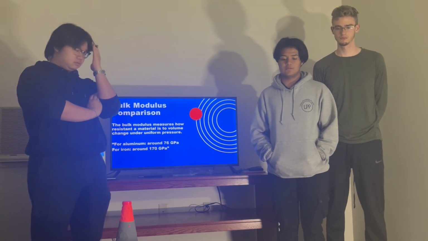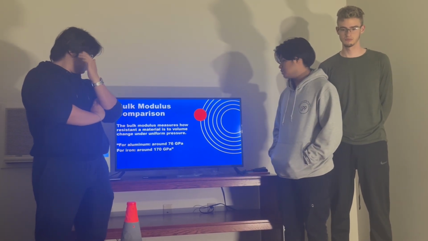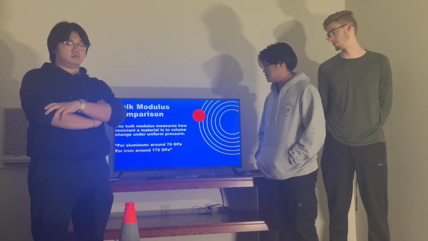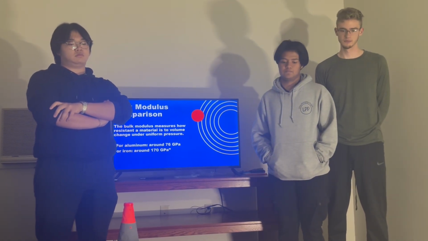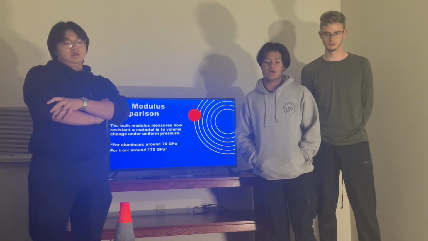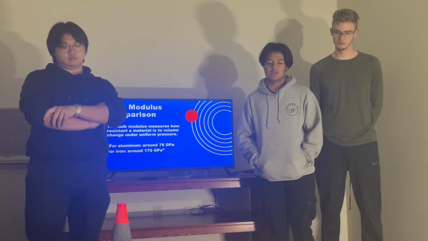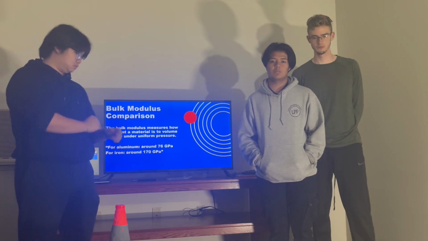The approximate values for aluminum is around 76 GPa, and for iron, it's around 170 GPa. So again, iron's atomic structure leads to higher resistance to compression. In general, materials with steeper potential energy curves have higher moduli and stronger bonds.